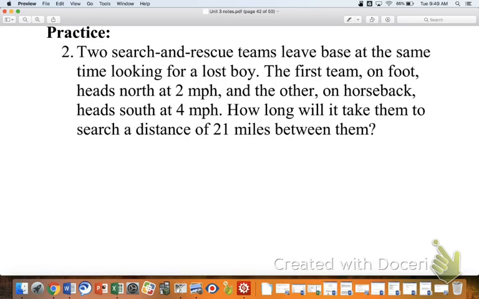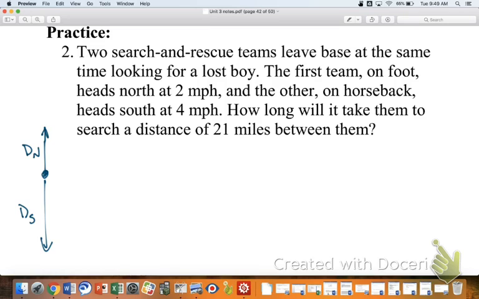So number 2, if you read this as just a story, you see that the rescue teams leave base at the same time. One of them heads north, and the other one heads south. I'm going to say that this is the distance of the team that went north. This is the distance of the team that went south.